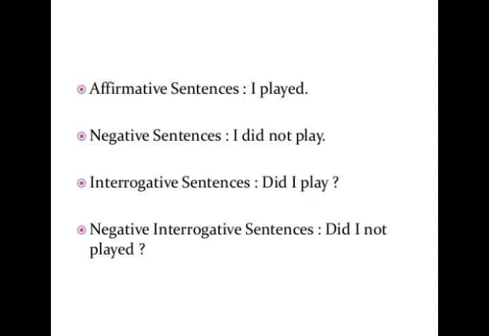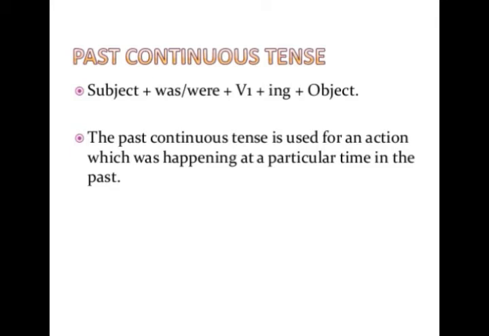Now come to past continuous tense. It's subject plus was or were plus first form of verb plus ing plus object.